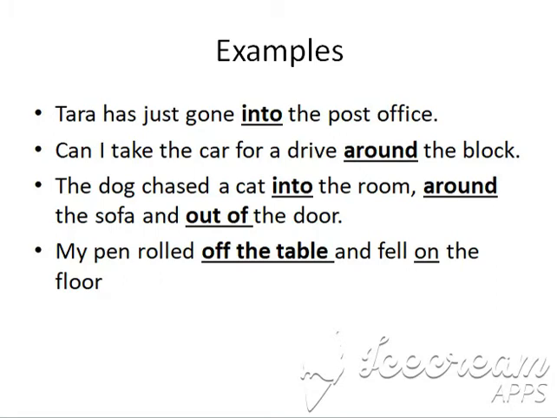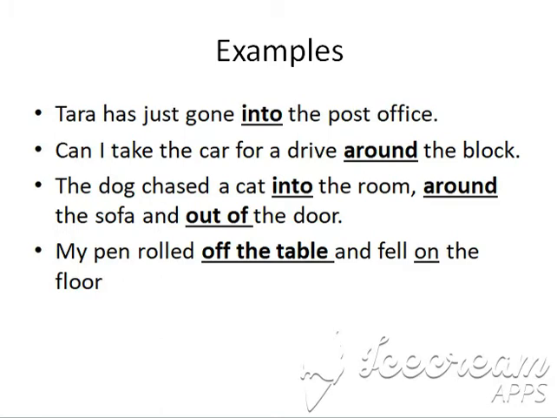See the next example. Can I take the car for a drive around the block? So I need that car to drive around the block. Once the car is given, you can go drive around the block. Here around is a preposition. You see the next example.